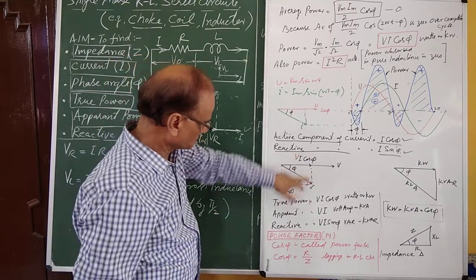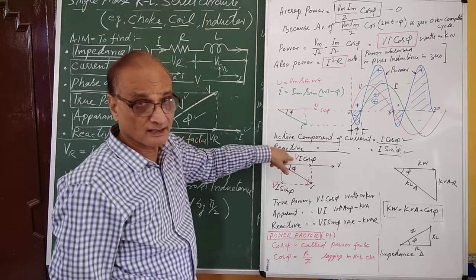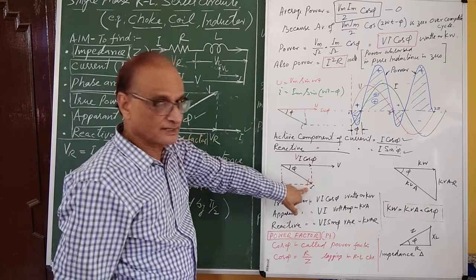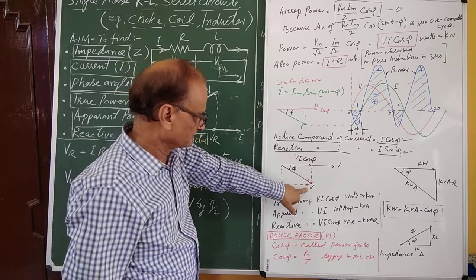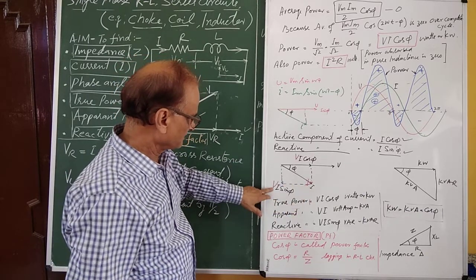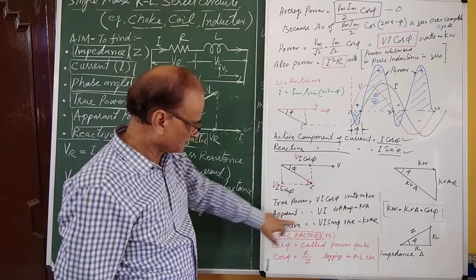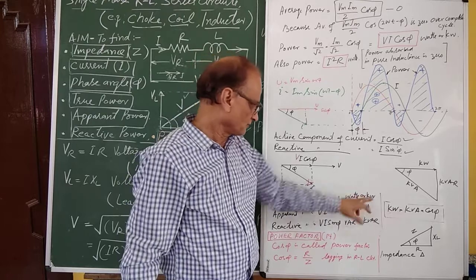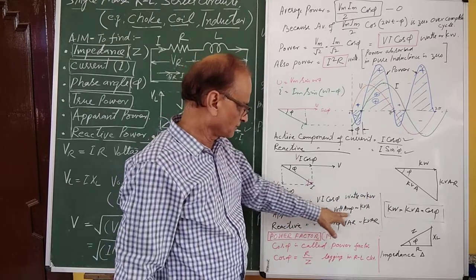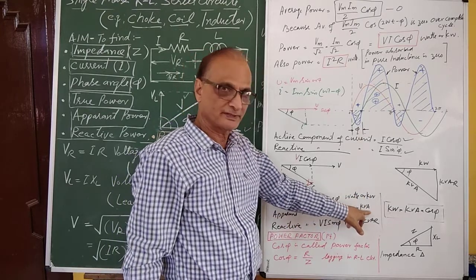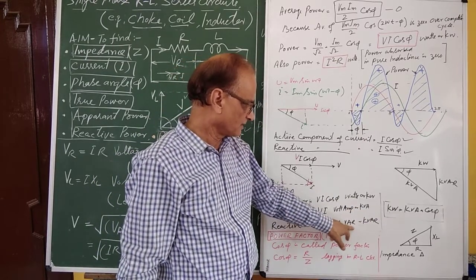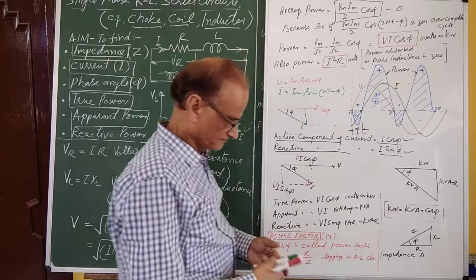One power is V I cos phi, called true power. This power is V I, called apparent power. And this power is V I sin phi, called reactive power. The unit of true power is watts or kilowatt. Apparent power is volt ampere or kilovolt ampere, kVA. And the unit of reactive power is volt ampere reactive or kVAR.